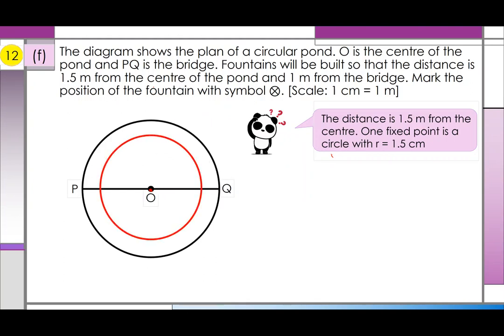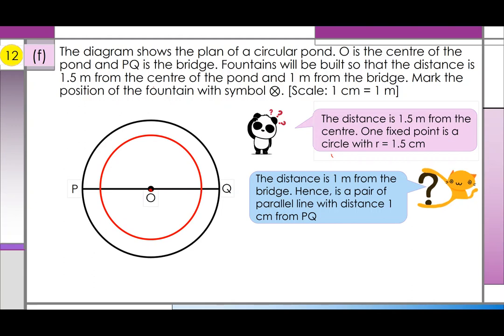Okay, second, the distance is 1 meter from the bridge. This is our bridge. 这个是 bridge. Hence, it's a pair of parallel lines with distance 1 cm from PQ. 因为1 cm 等于1 meter. So 1 meter from the bridge. That means we need to draw two parallel lines.